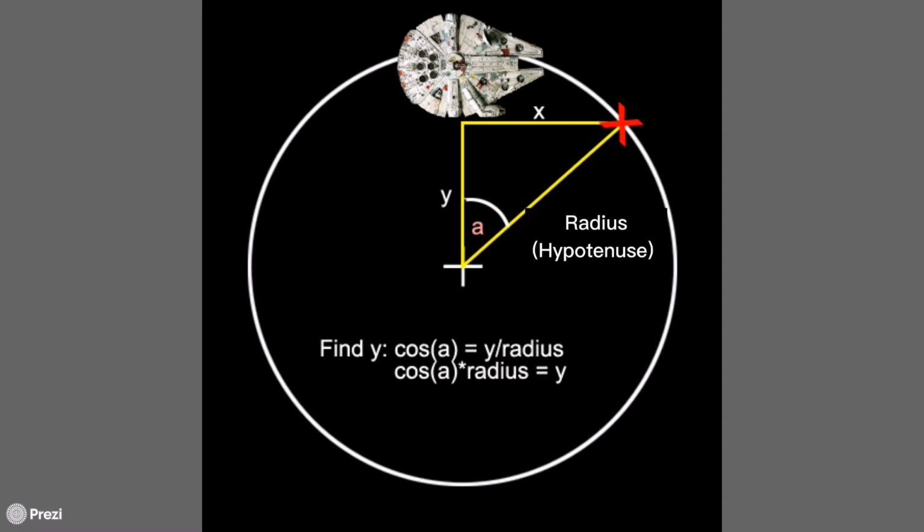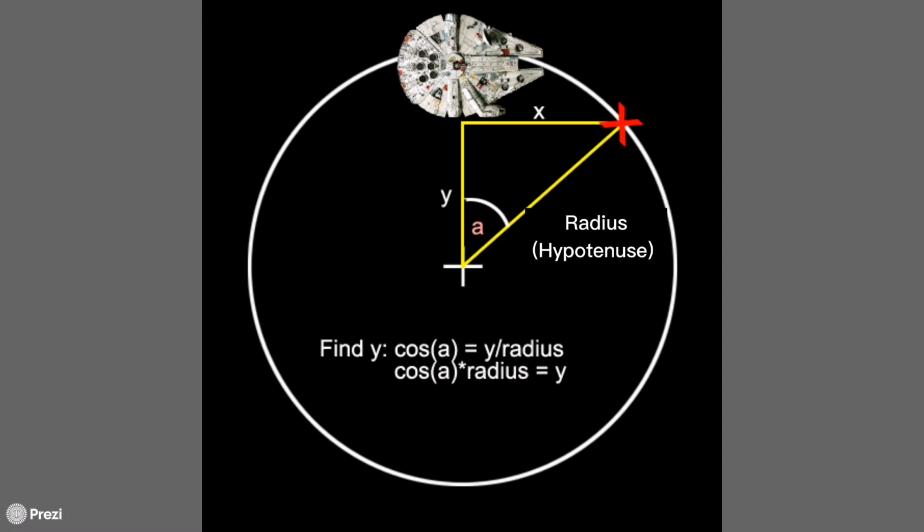On the other hand, solving for y gives us the trigonometric ratio for cosine, with the same point, angle A.